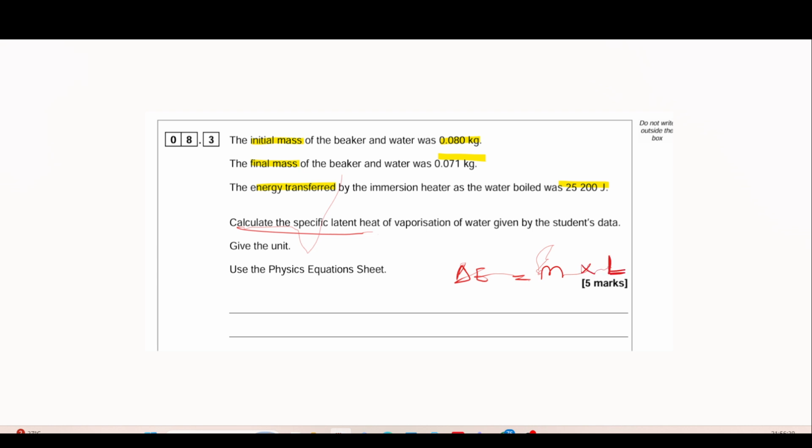So specific latent heat equals thermal energy change divided by mass. Yes, exactly. So 25,200 divided by the change in mass.